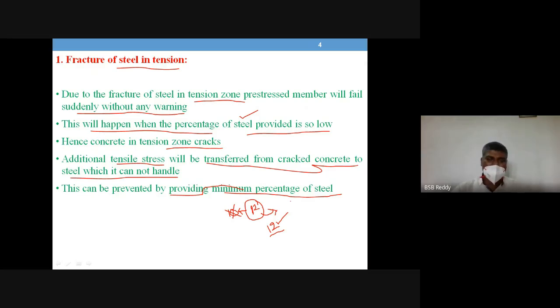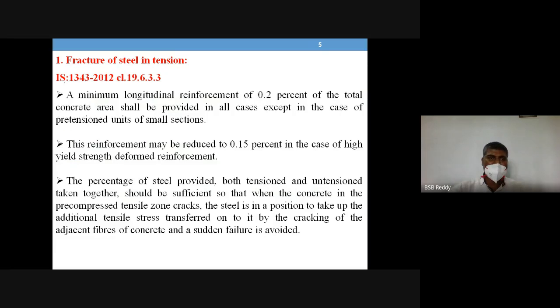So this is fracture: the sudden change of stress in the steel makes the steel fracture. That is the failure. So what is the minimum amount of steel required to take care of this type of failure, steel fracture in the tension zone?